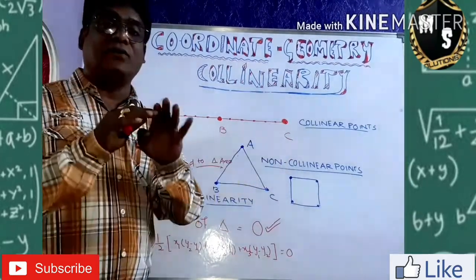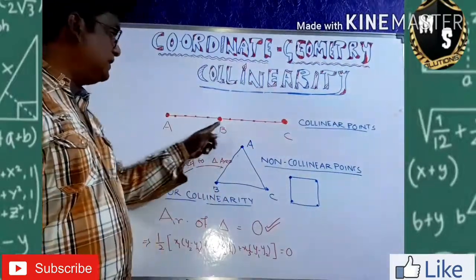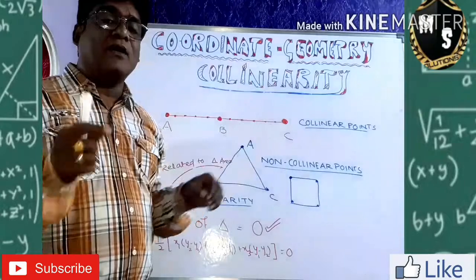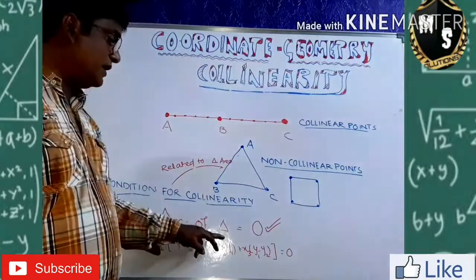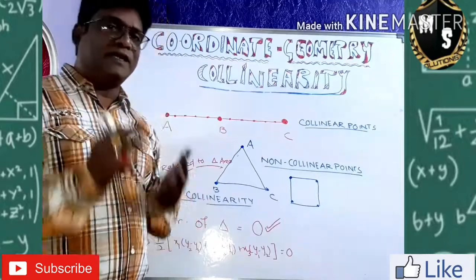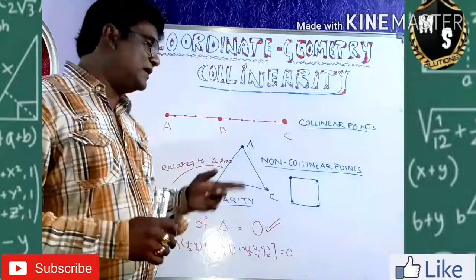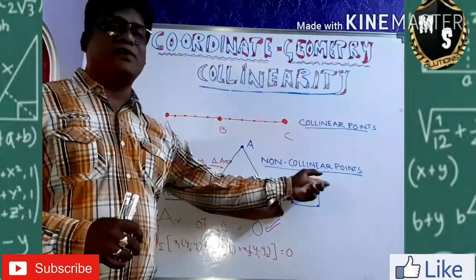That means they are in collinearity. ABC will come in the same straight line when the area of the triangle is equal to 0. If the area of the triangle is not equal to 0, then there is definitely the shape of a triangle, so these 3 points are non-collinear.